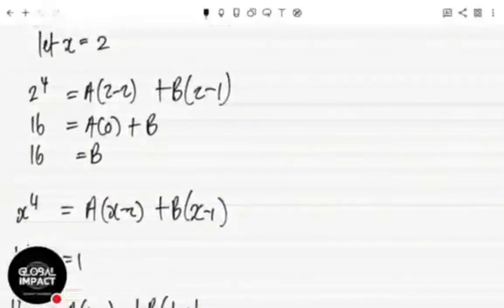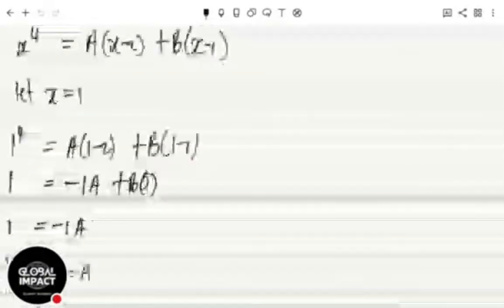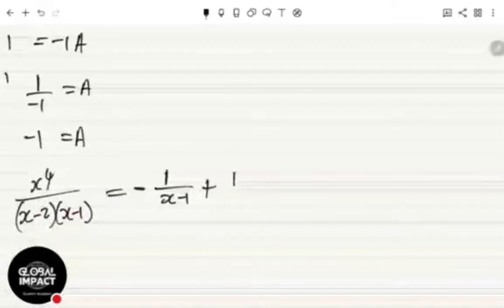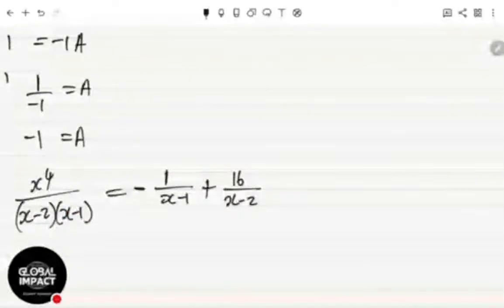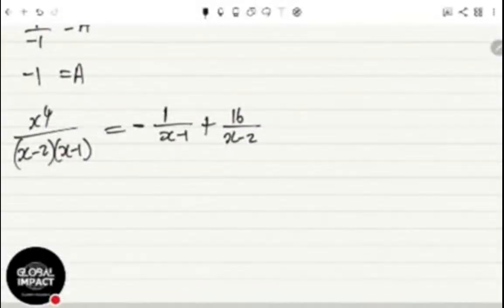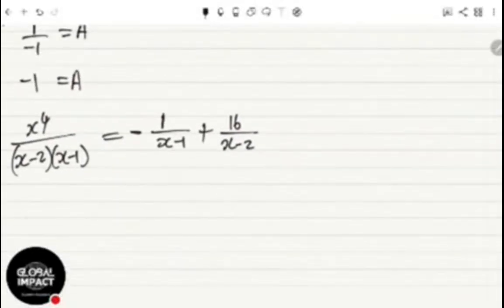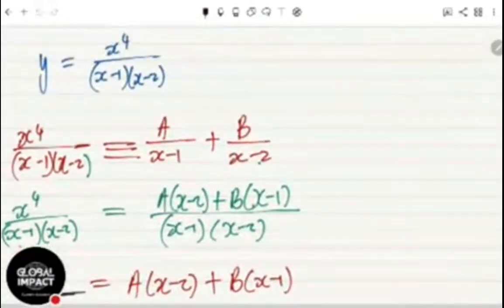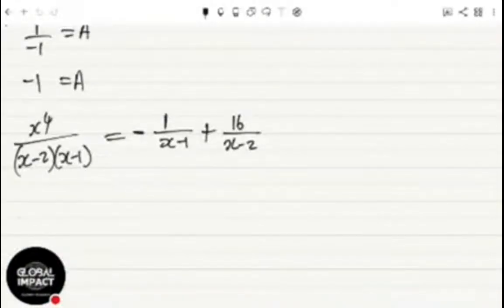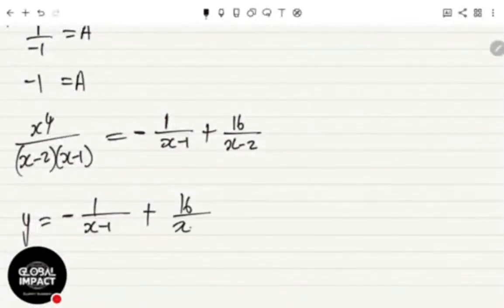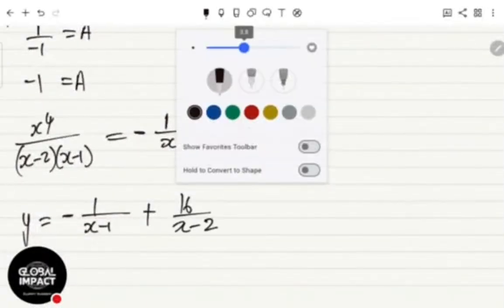So it'll be 16 over x minus 2. Now, what are we going to have here? Remember, we had been given this as the y. So we can now say y is equal to negative of 1 over x minus 1 plus 16 over x minus 2.